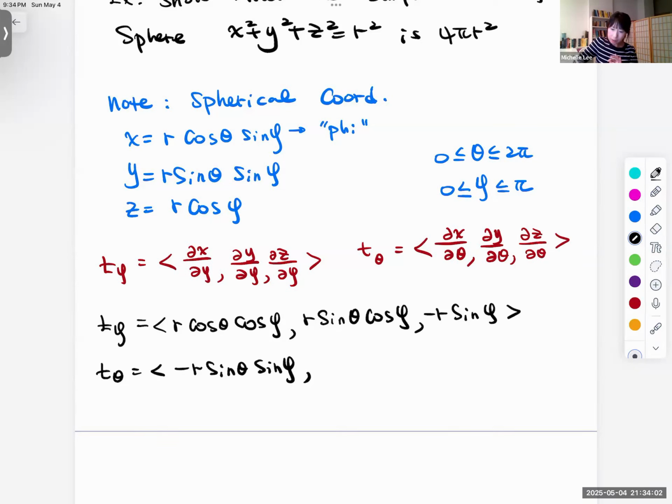The second one is r cosine theta sine phi. And the third one, there's no theta, so it's 0.